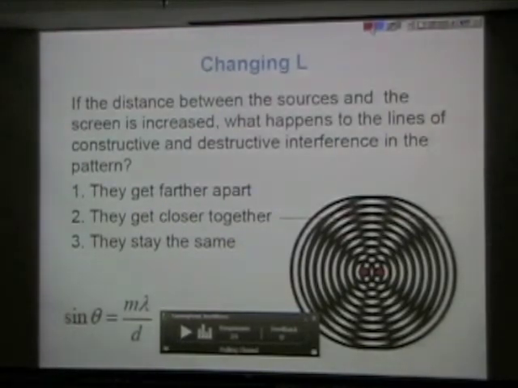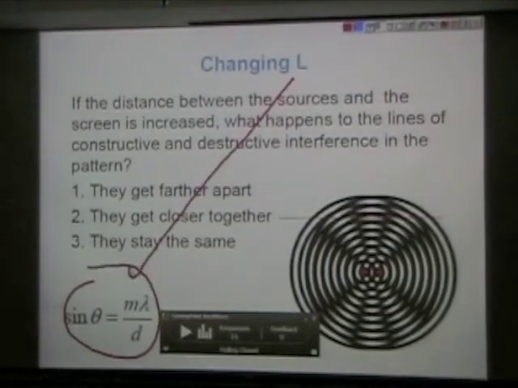All right, you know your answer, and I can look inside the system and figure it out. So here, if you look at this equation, the tricky part is there is no distance in that equation. But to answer this question, you just need to think about what is happening to bright fringes on the screen.